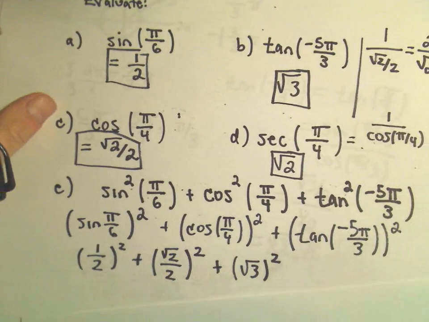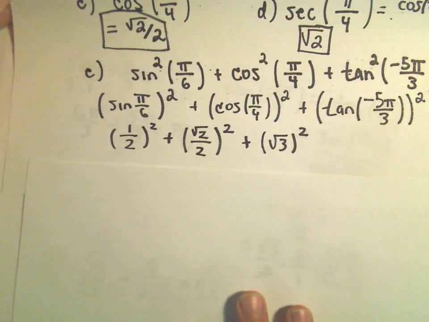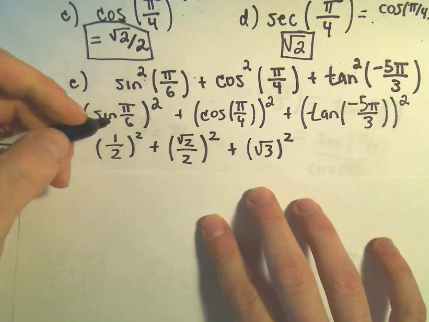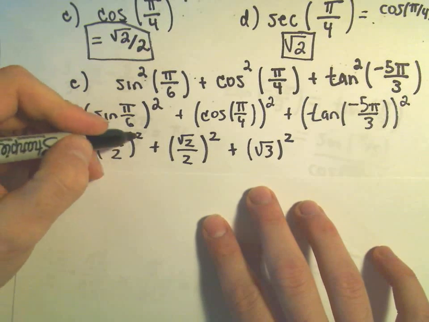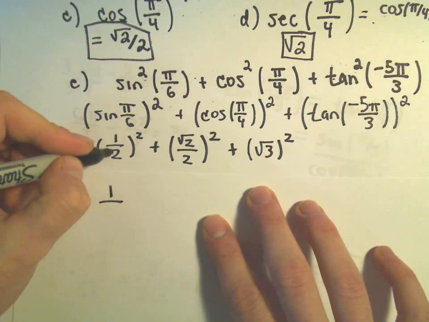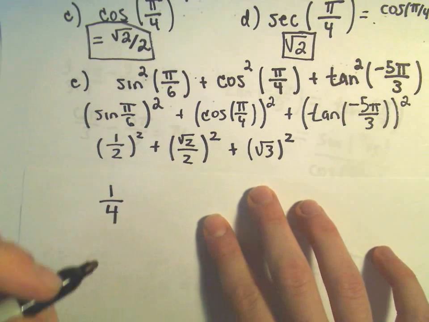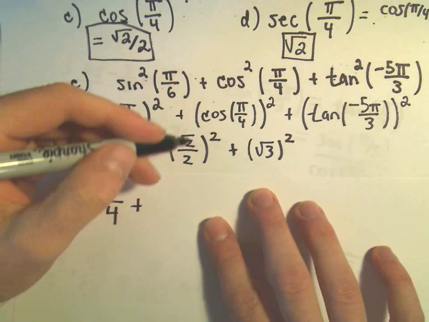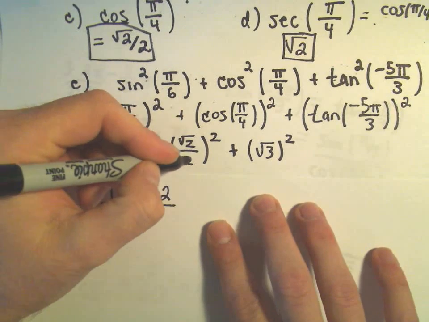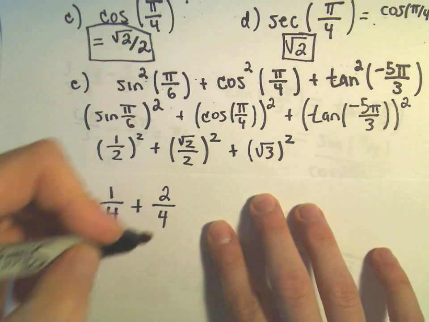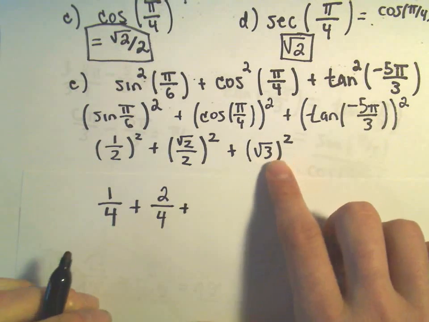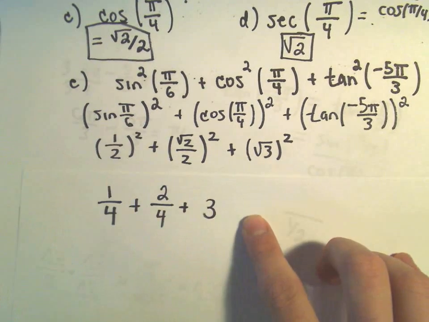But now I'm just going to do the arithmetic, and we'll try to clean this up a little bit. So 1/2 times 1/2, you just square the top and square the bottom. 1 squared is 1. 2 squared would be 4. The square root of 2 squared would simply be 2. 2 squared would be 4. And the square root of 3 squared would simply leave us with 3.